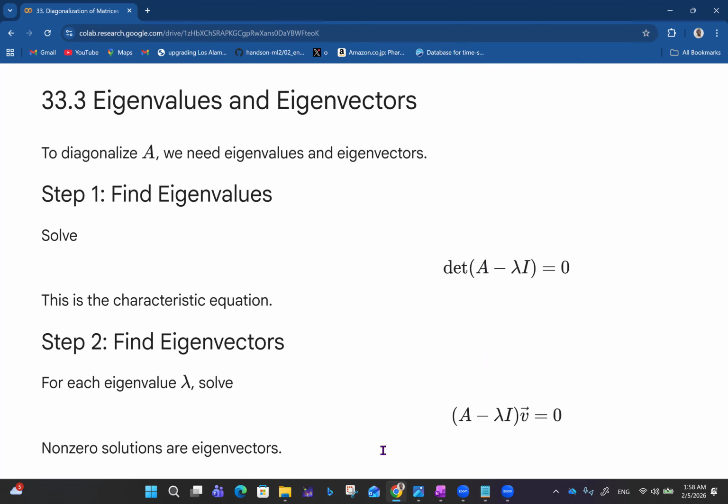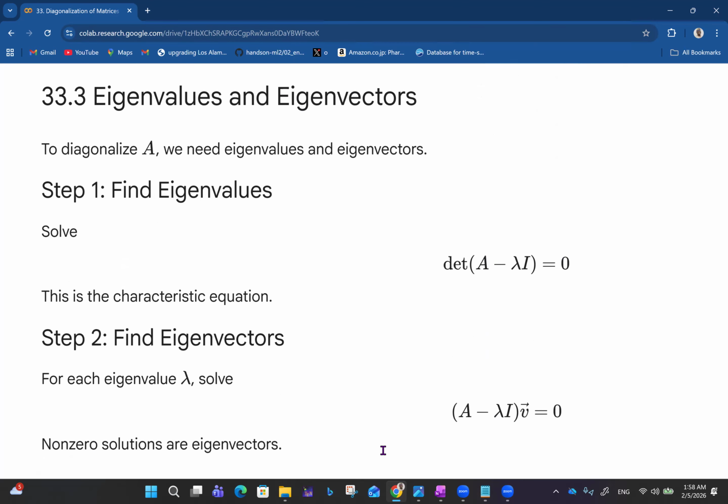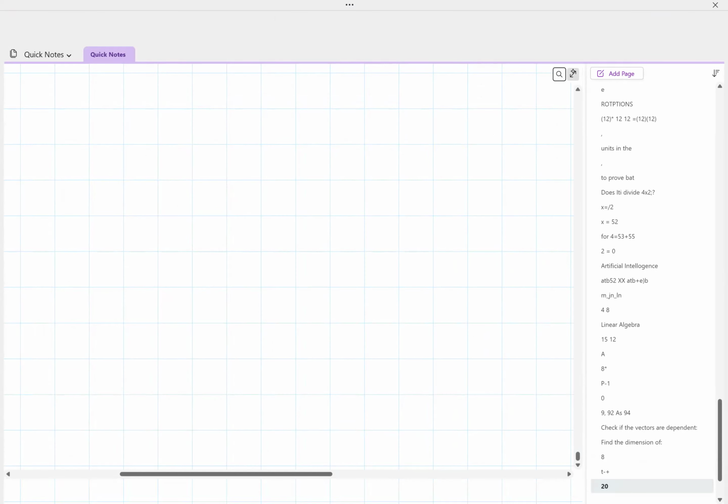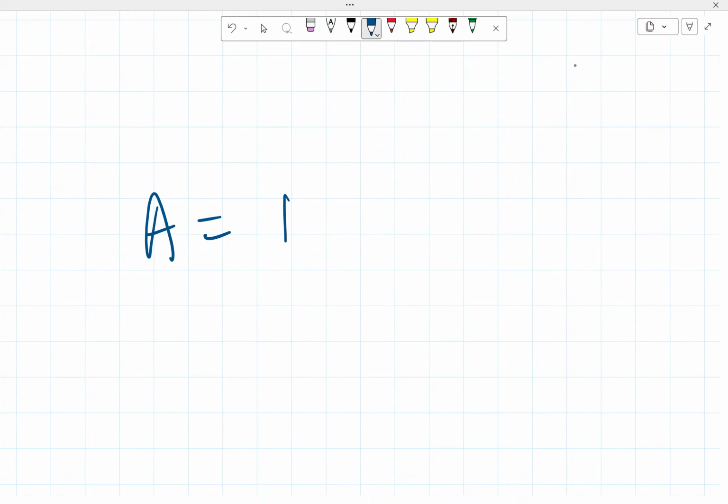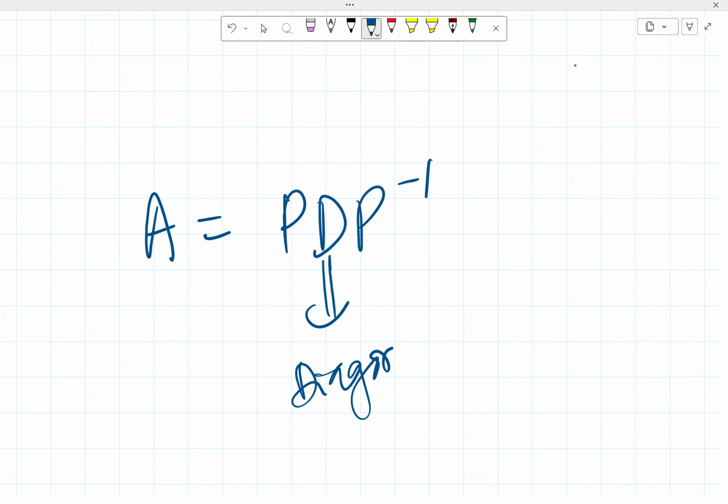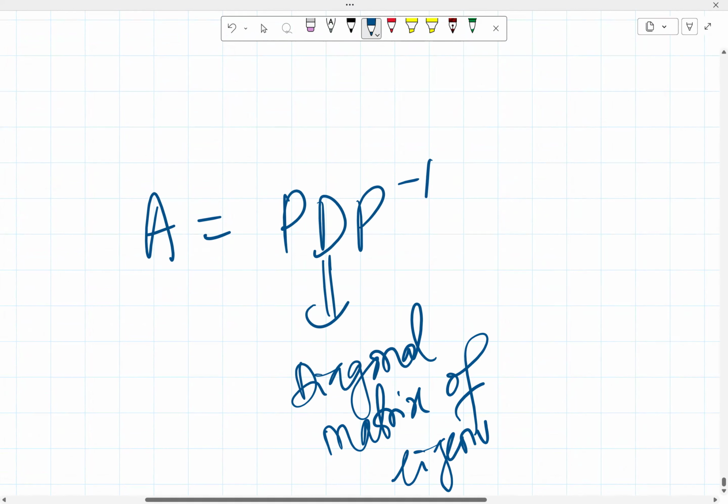So let's go again to look at eigenvalues and eigenvectors, because already a matrix A is diagonalizable if you can express the matrix A as PDP inverse, where D is a diagonal matrix of eigenvalues.